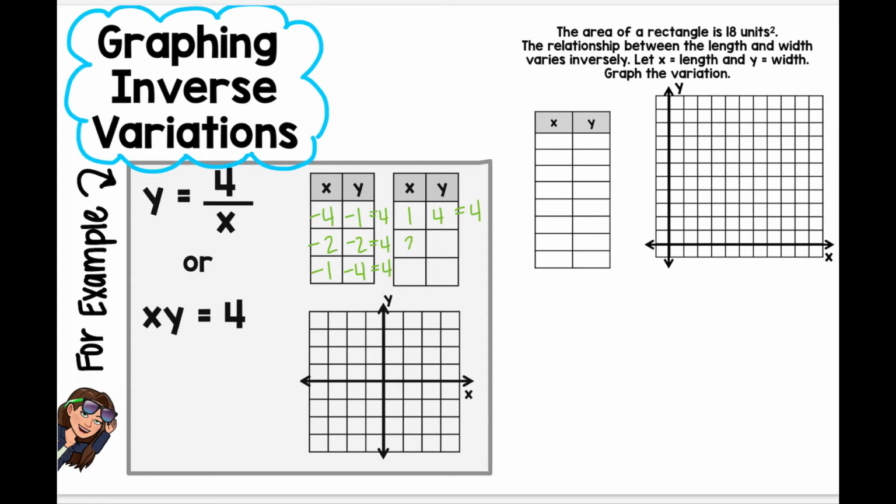That would have to be positive 4. If I picked positive 2, then positive 2 times 2 is equal to 4. If I picked positive 4, then positive 4 times 1 is equal to 4. So notice, all we had to do to find a table was to make sure that x times y was equal to 4.